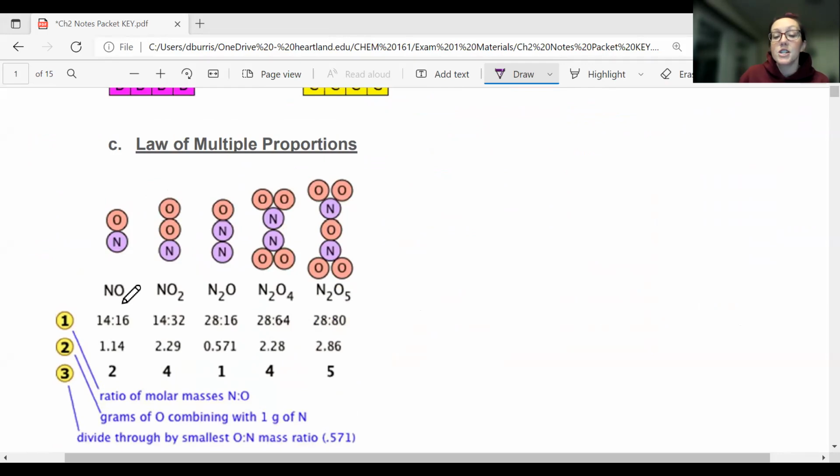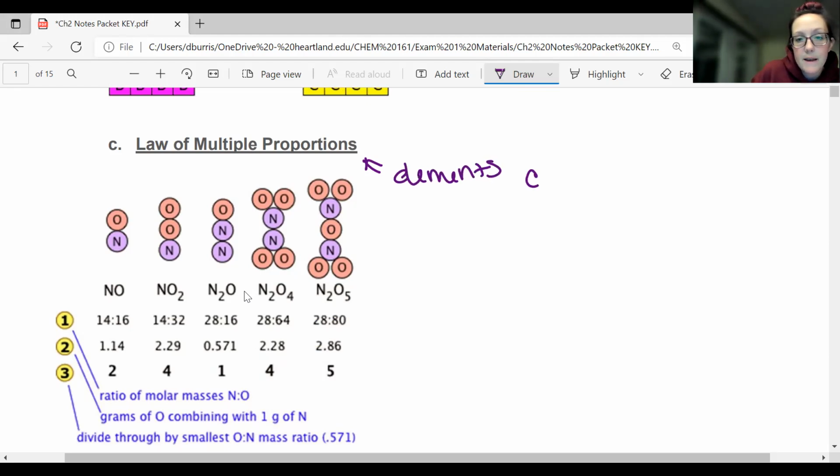Essentially, nitrogen and oxygen can combine to make all of these different types of molecules, NO, NO2, N2O. So they can combine in different ratios. The law of multiple proportions says, however, that elements can combine in more than one way, like we are looking at right now.